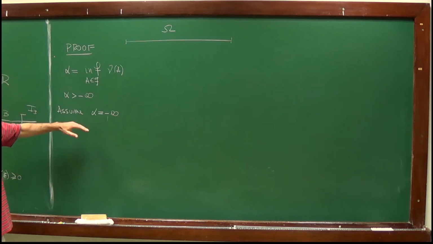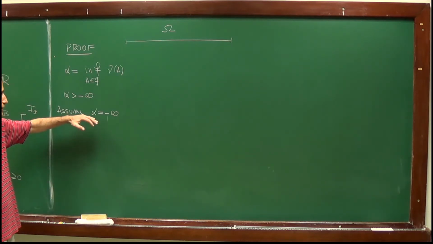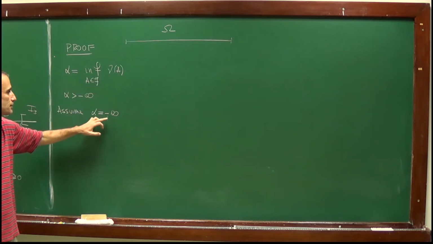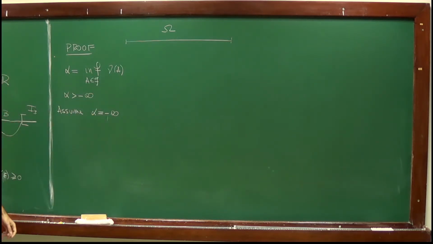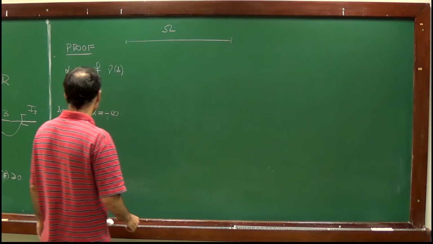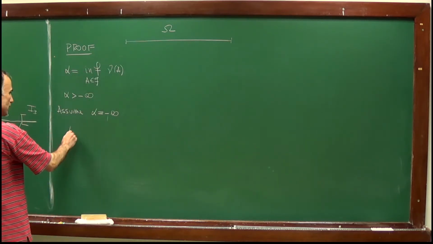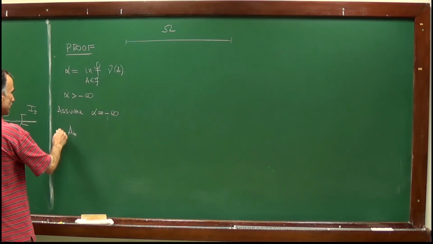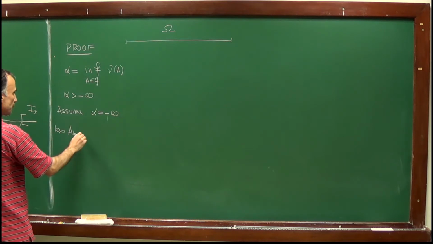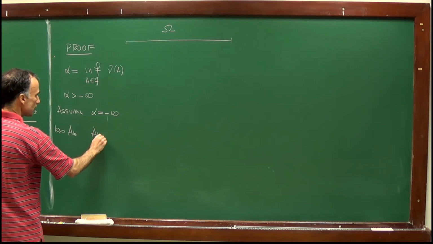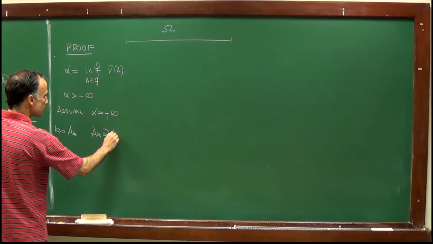And as I said, I will show that there exists in this case a set B whose measure is equal to minus infinity. And for that, I will use an induction argument. So I will construct a sequence of sets A_k, for k larger than 0, such that A_k always contains A_{k+1}.